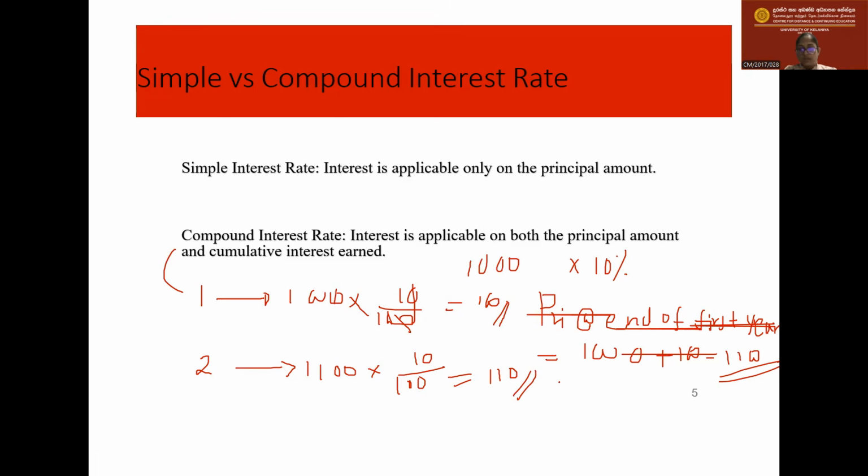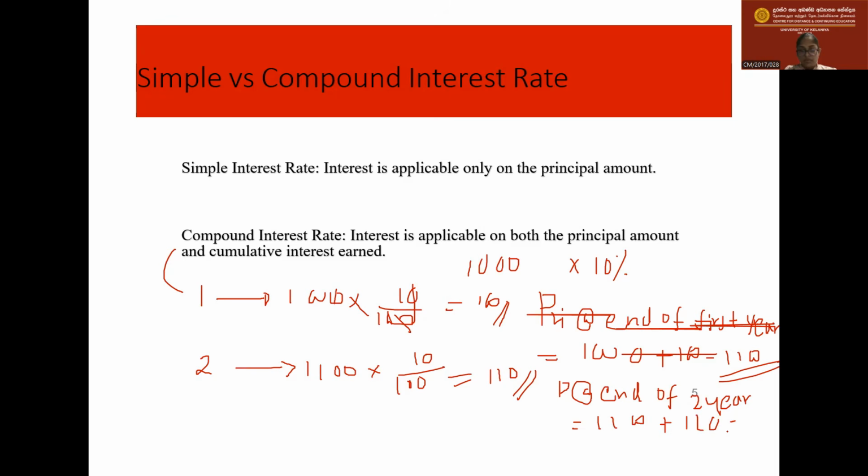But when it comes to the principal amount at the end of the second year, you have to add the amount 1,100 plus 110.